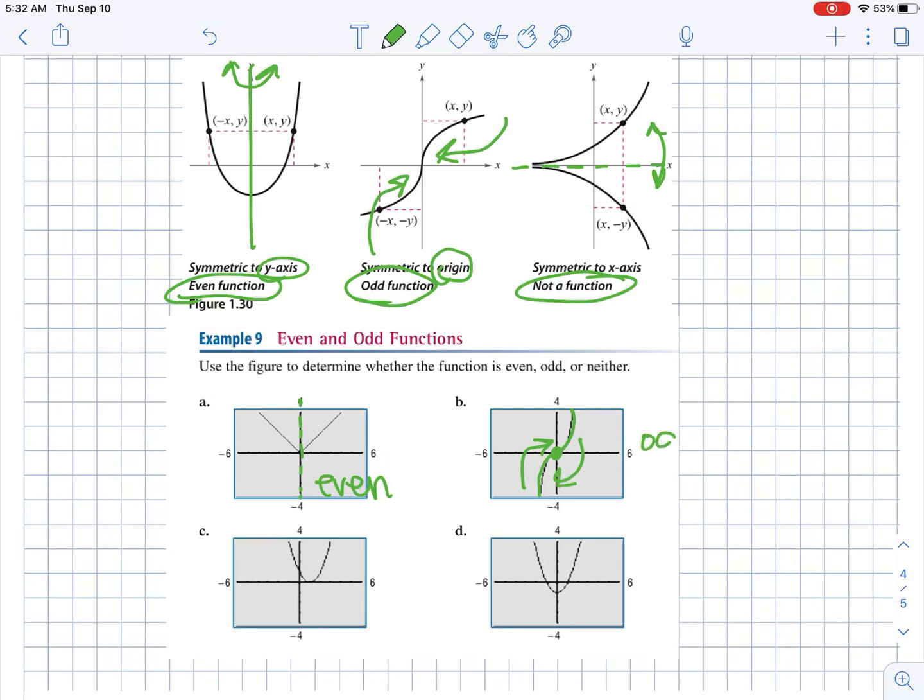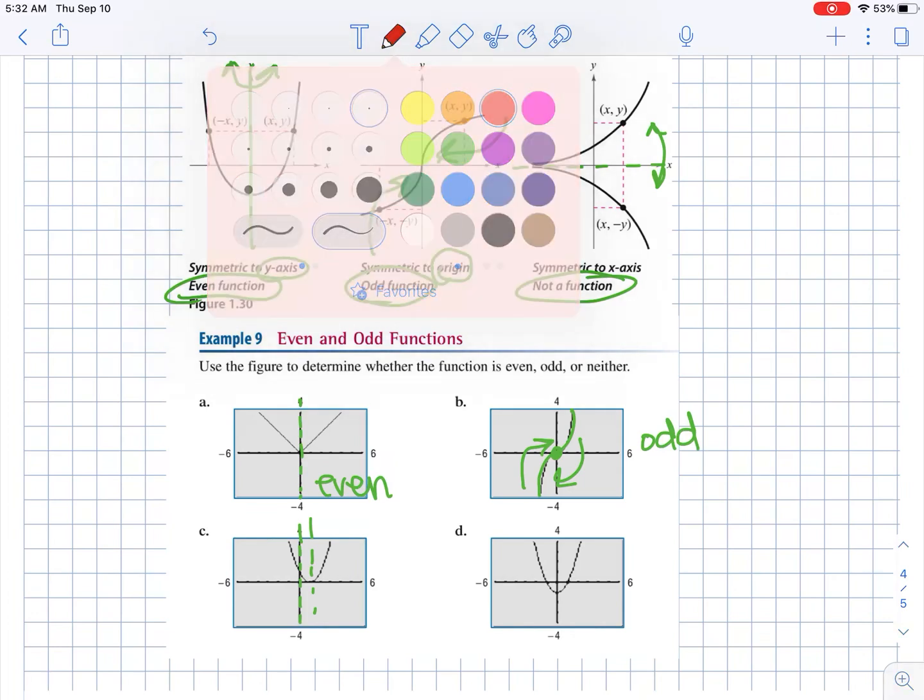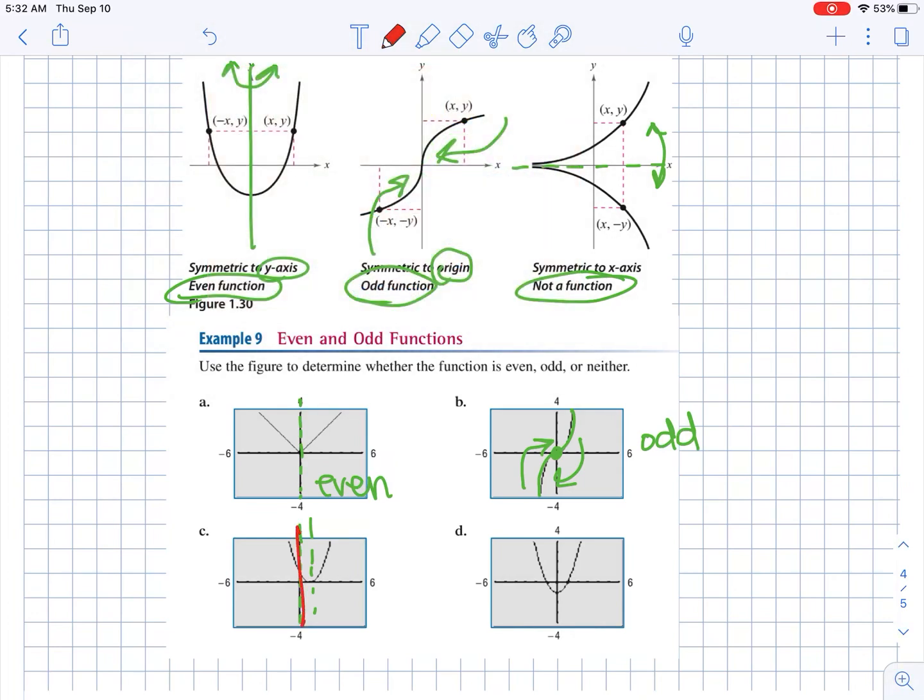We call that an odd function because it's symmetrical about the origin. Here, again, it's symmetrical here, but it's not symmetrical on the y-axis. So if it's not symmetrical on the y-axis or the x-axis or the origin, we call that neither even or odd. And then this one here, again, is symmetrical across the y-axis, so we call that even.